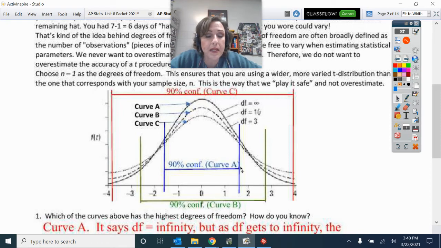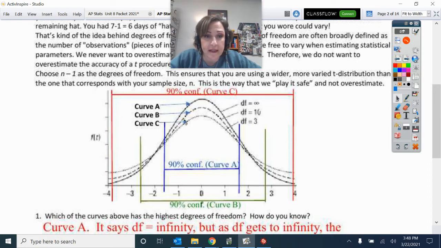Okay. Now for curve B, which is a little bit more spread out, that's this green color I have here. So see, look, those T stars are a little bigger because they are more spread out. They are farther away from the center.